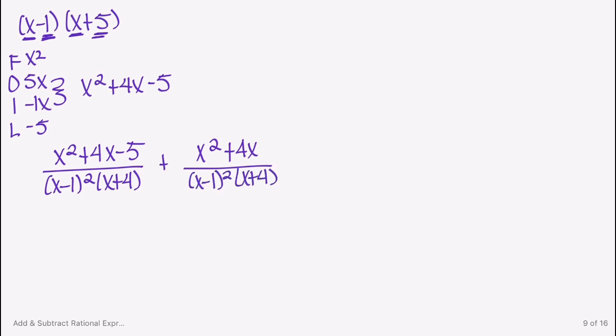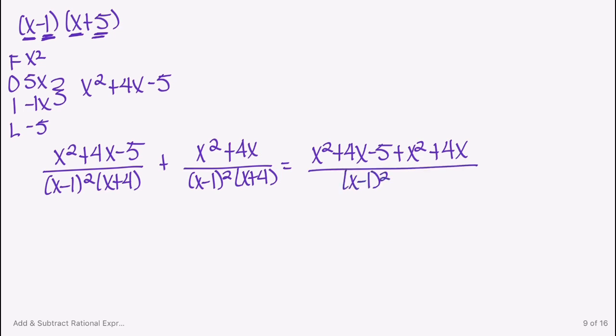Let's combine now the numerators because we have the same denominator in both fractions. So we have x squared plus 4x minus 5 plus x squared plus 4x, and that is over x minus 1 squared times x plus 4. So I'm going to rewrite this so the like terms are together. So we have x squared plus x squared, plus 4x plus 4x, minus 5.